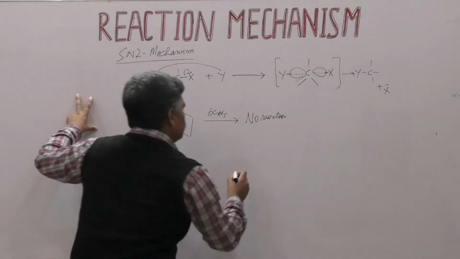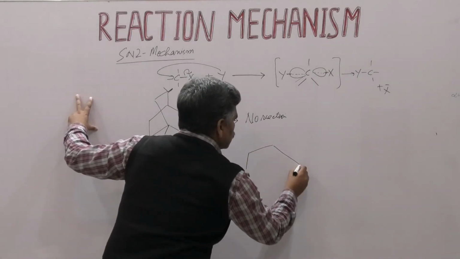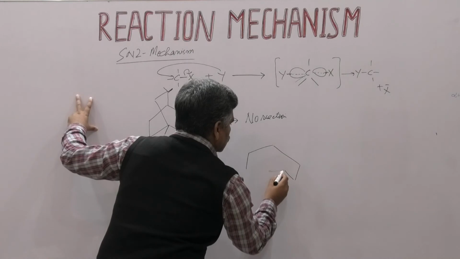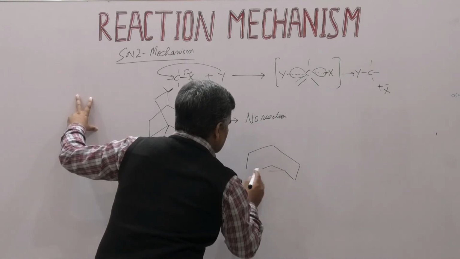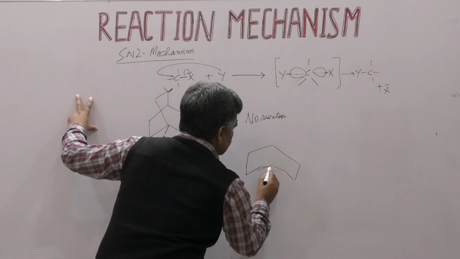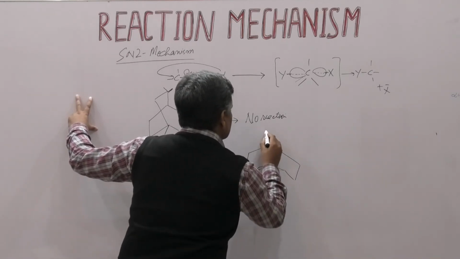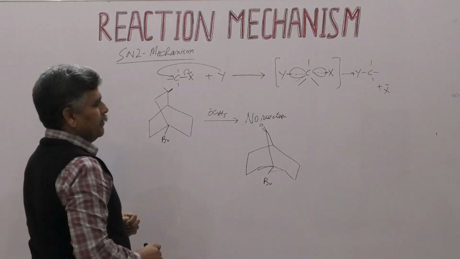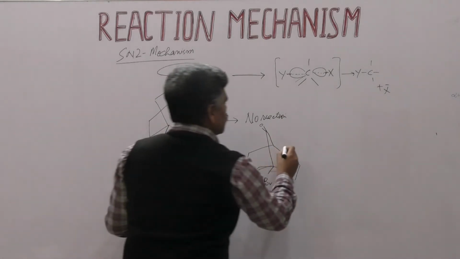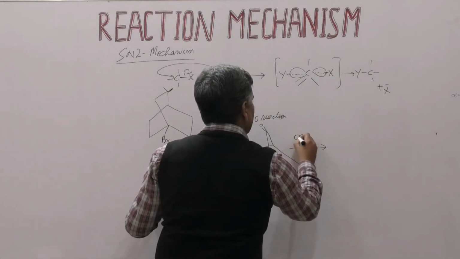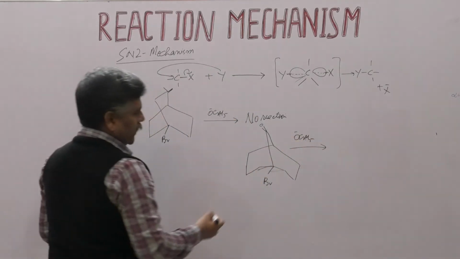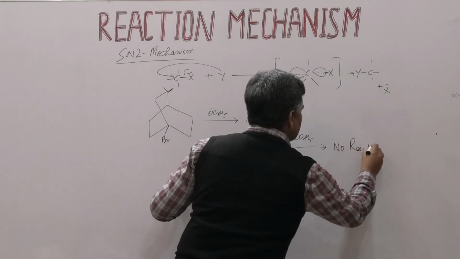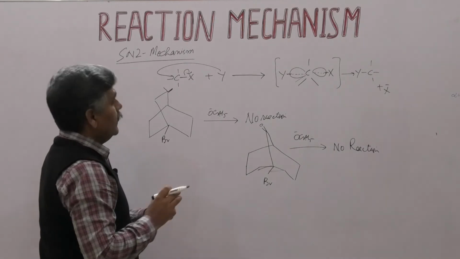Another such substrate is this one; again we have the leaving group at a bridgehead system. So when this is treated with any nucleophile, suppose we have OC2H5, ethoxide, then again no reaction, which is another evidence for the Sn2 mechanism.